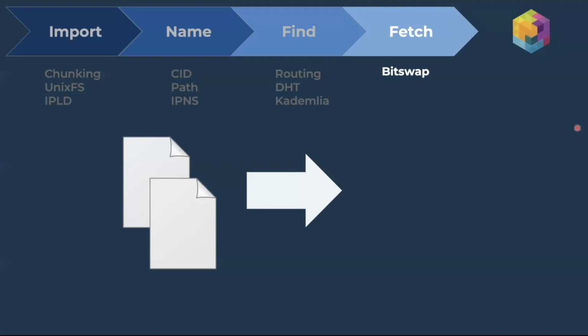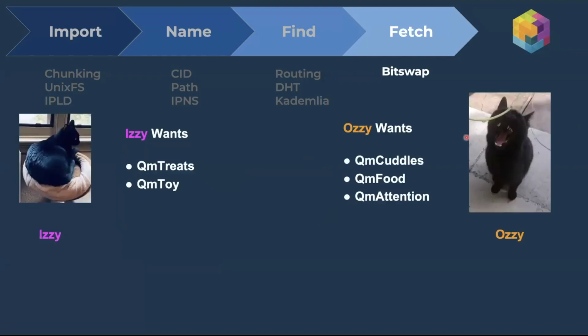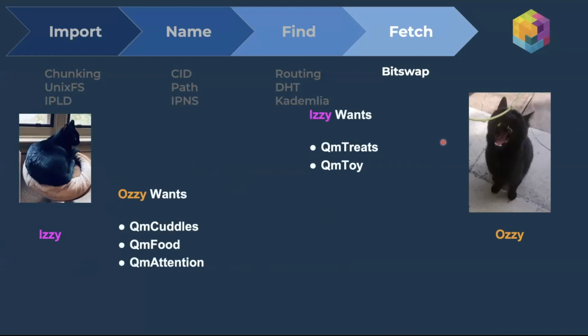The final part is a very simple protocol called BitSwap, which operates in parallel to the DHT lookup. If you have two users, Easy and Aussie, and each has some CIDs that it wants to fetch, then each has a want list. Every node exchanges its want list with every other node that it is connected to, and many connections are allowed in IPFS.